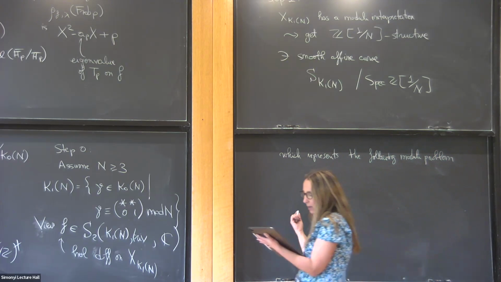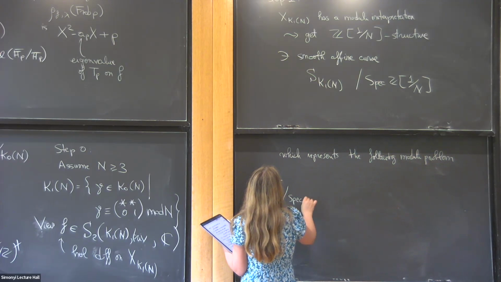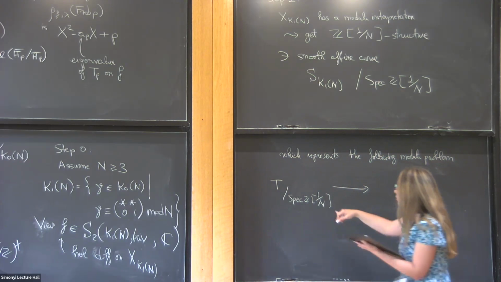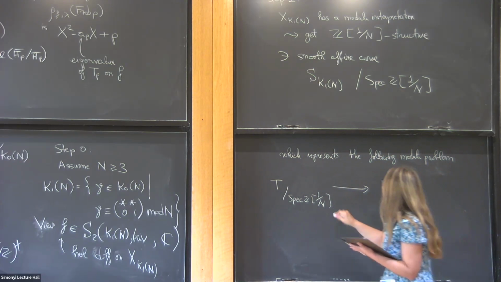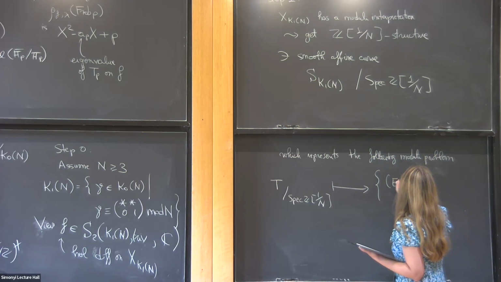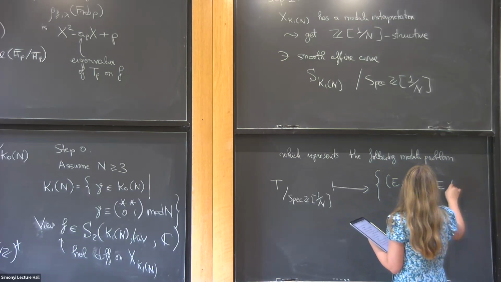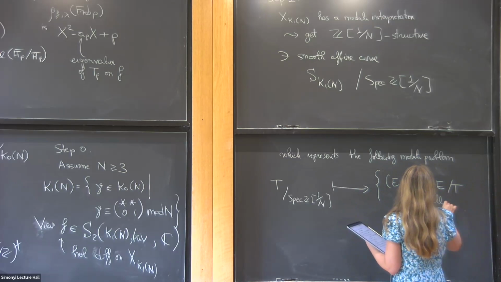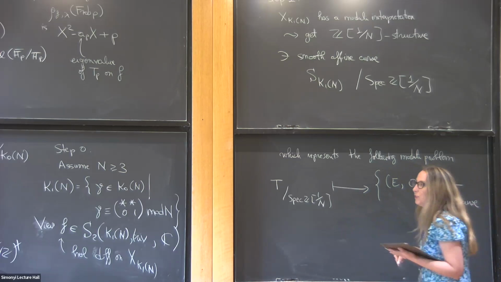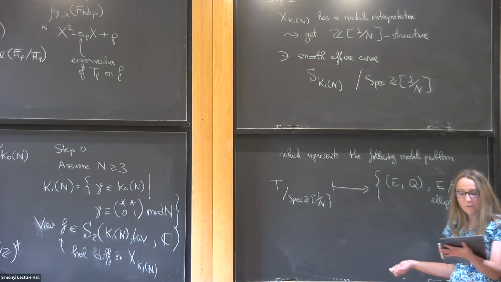So for any scheme T over Spec Z[1/N], I'm interested in sending this to the set of pairs (E, Q), where E over T is an elliptic curve, and Q is just this extra structure that I'm adding to rigidify the problem.